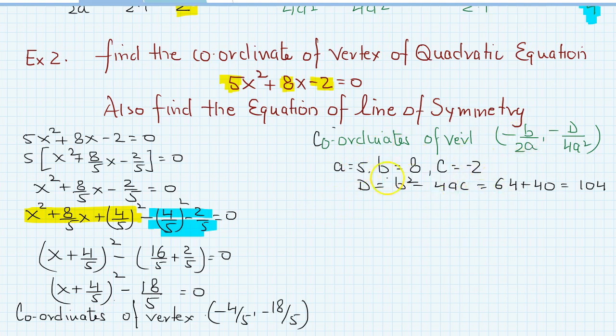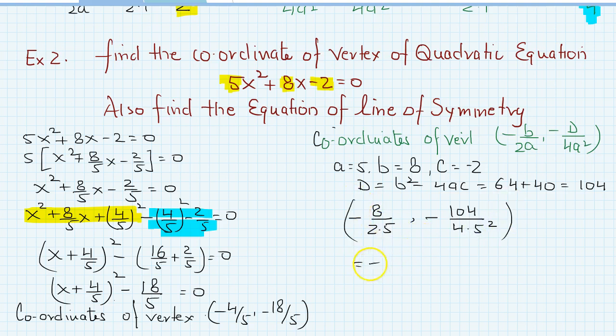Now let's use this. Minus b over 2a and minus d over 4a square.